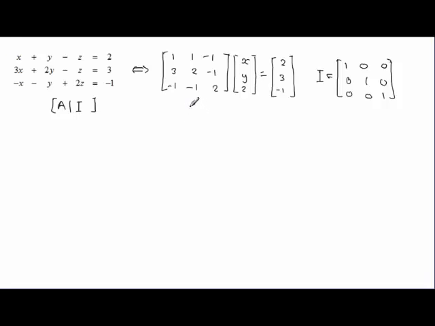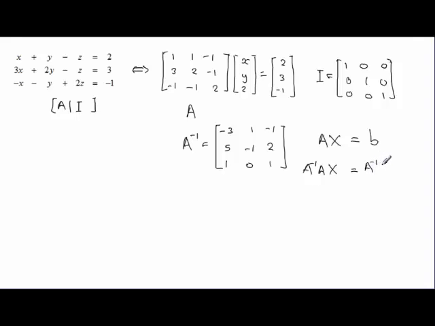Now we've got A here. We've got our inverse of A. And here, we've written our system of equations, AX equals B. Because of what we've done, we know that if we multiply here by A inverse, this is an identity, and then multiply this side, the equation still balances.